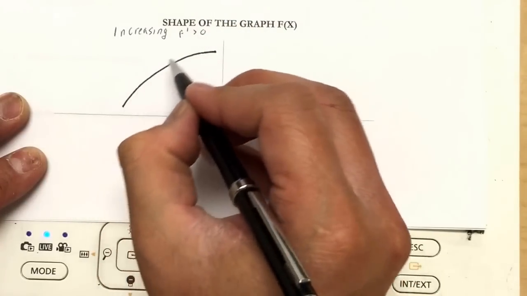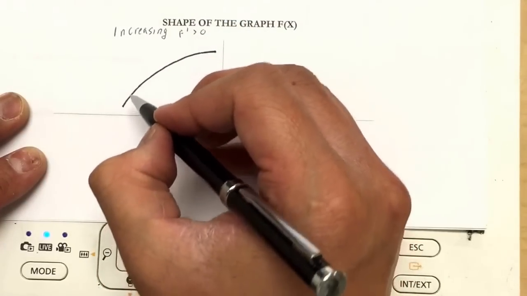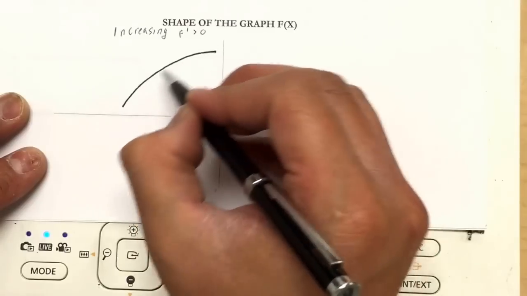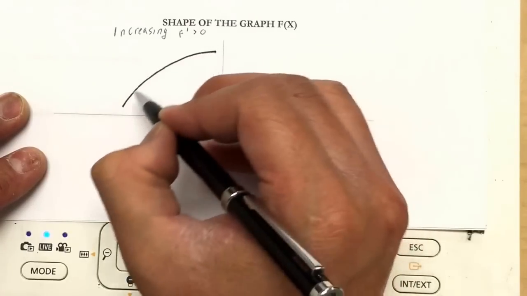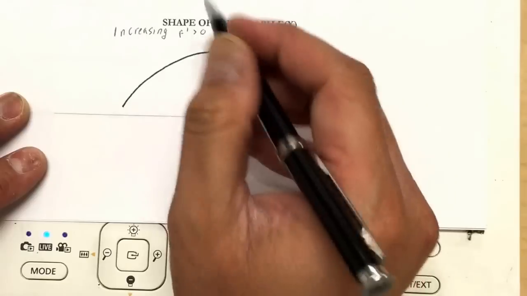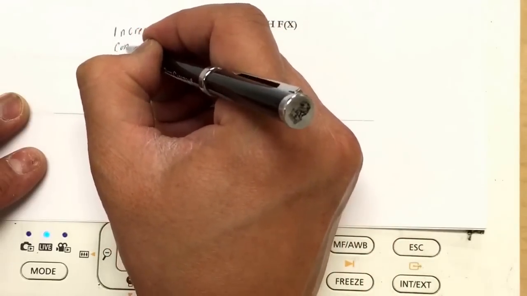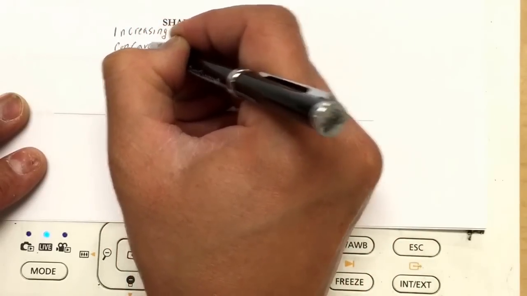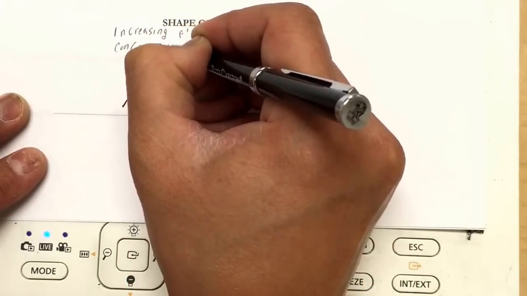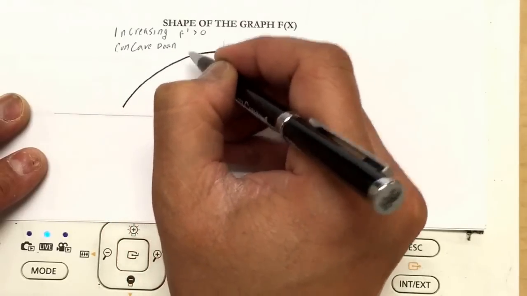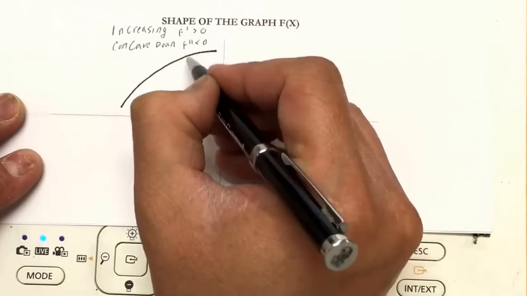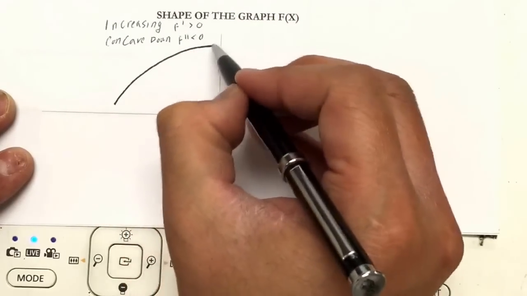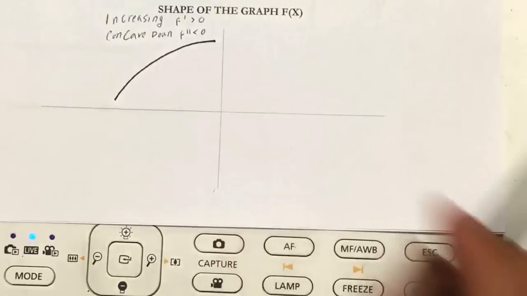That means the graph is increasing and f prime is positive. But if we want to discuss its concavity, then we say that it's actually concave down. If I were to study its second derivative, then I know for sure that it is going to be negative. So if it looks something like this, it's increasing, concaving down.